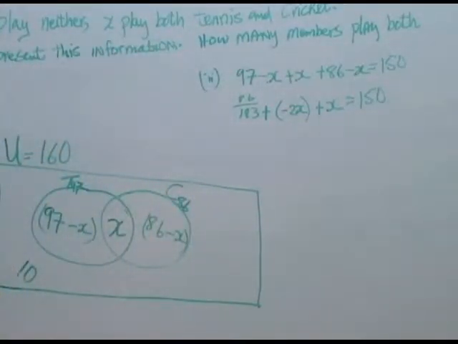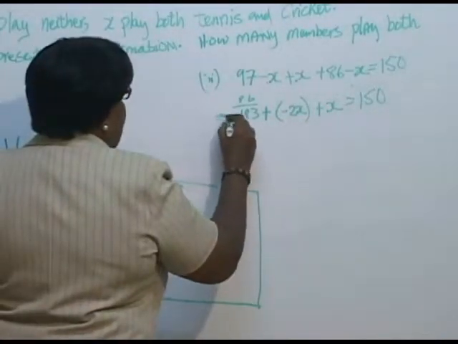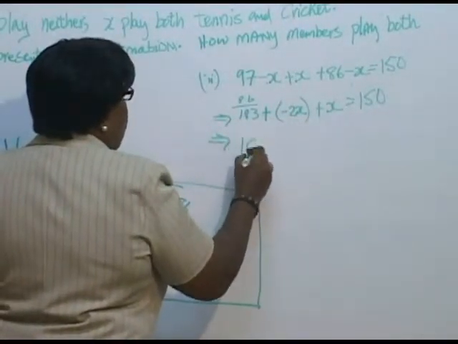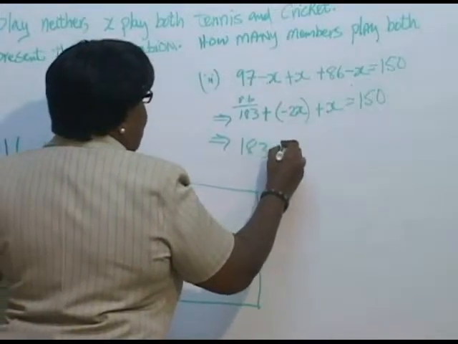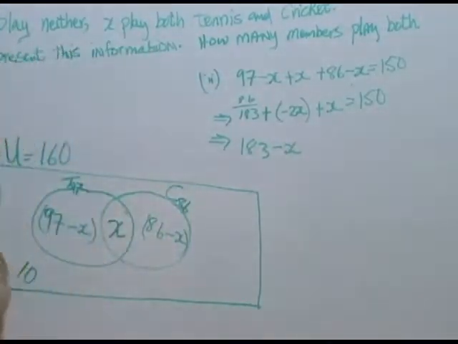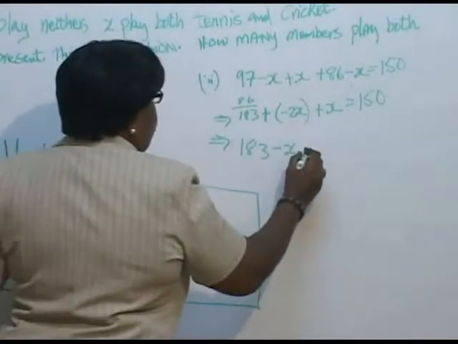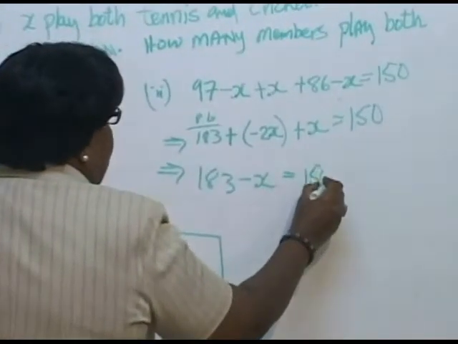If we have negative 2x and we have a plus 1x, then we're going to be left with, so we can say that this implies 183 minus x, okay? Which number is greater than negative 2 by how many? 1, okay? And it's equal to 150.